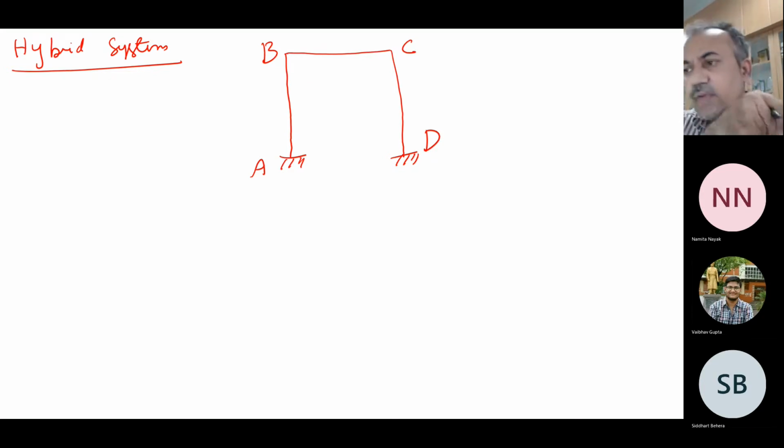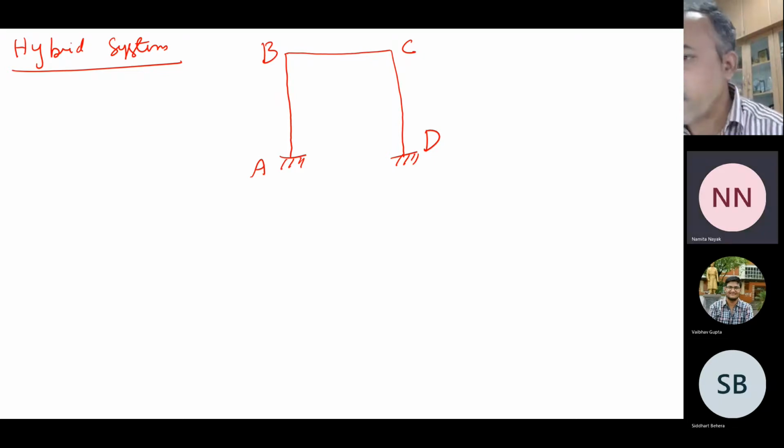This frame, AB and BC, which are in series and which are in parallel. Columns are in parallel, and the beam is in series connection with the columns.